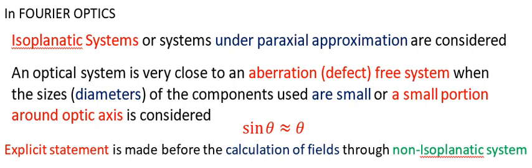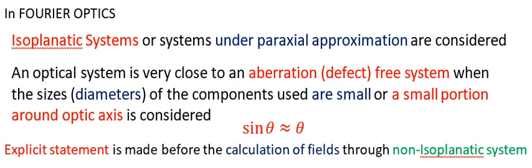An explicit statement will be made when we calculate the field through non-isoplanatic systems. Otherwise, in Fourier optics we shall assume, whether we mention it or not, that we are using isoplanatic systems, or systems under paraxial approximation.